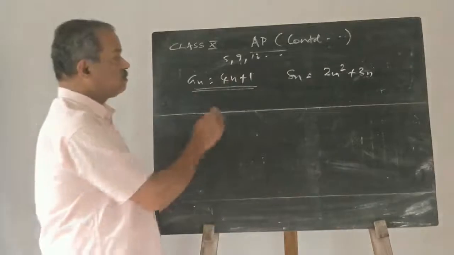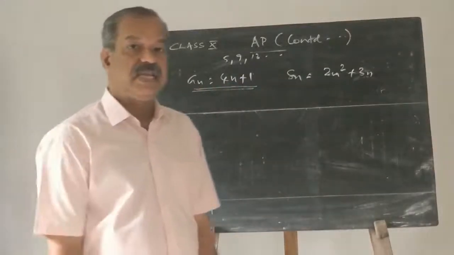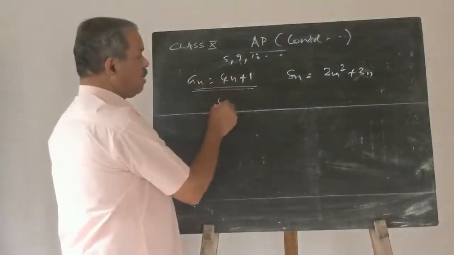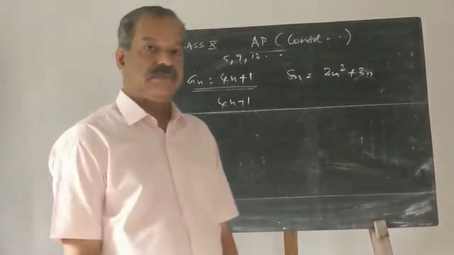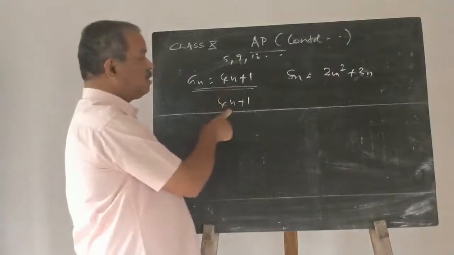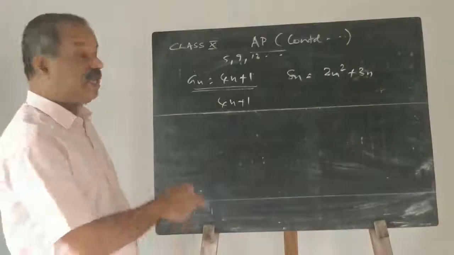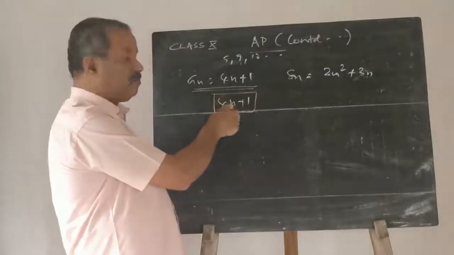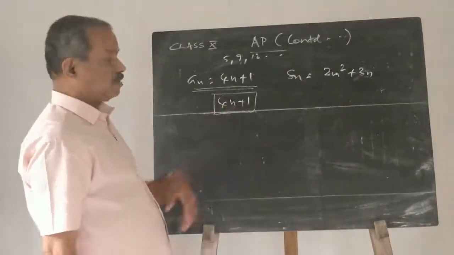It is a linear expression, or linear polynomial. 4n plus 1 is a linear polynomial. In general, we can say that the nth term of any AP is a linear polynomial in one variable, with first degree, exponent 1.